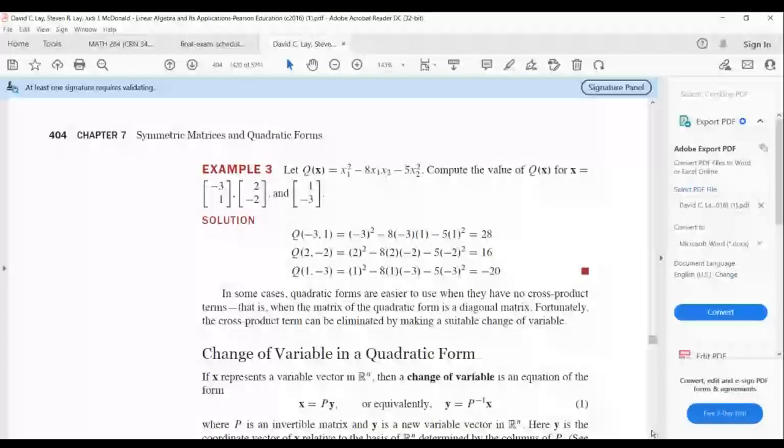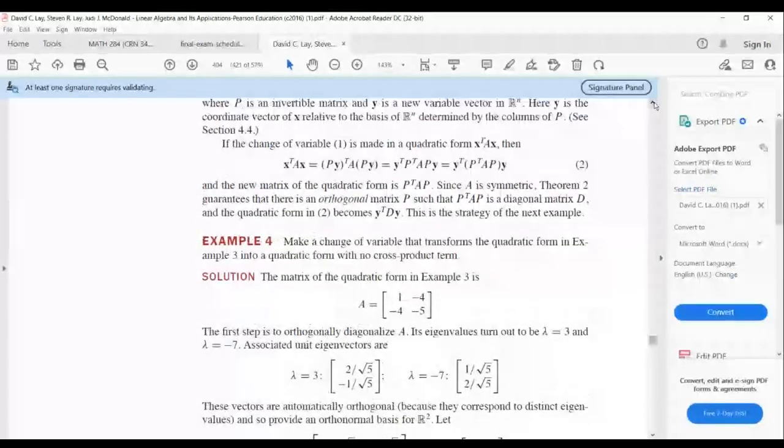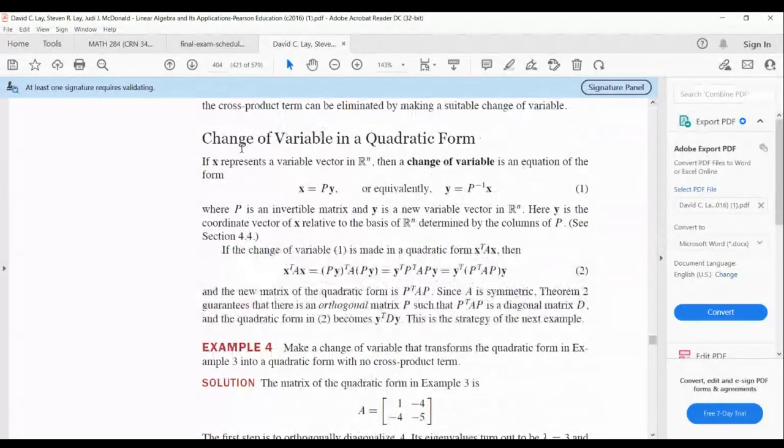And we can actually do that, because we can make what's called a change of variable in a quadratic form.